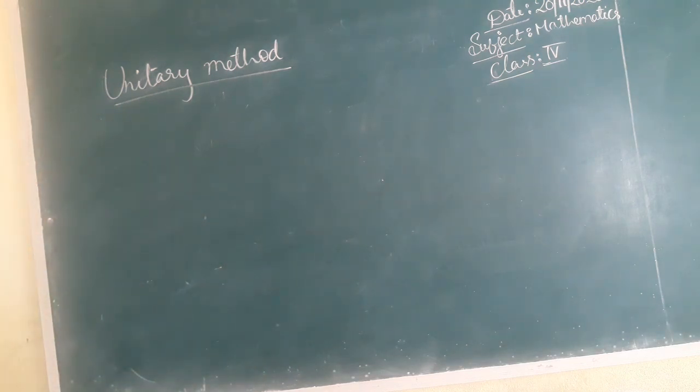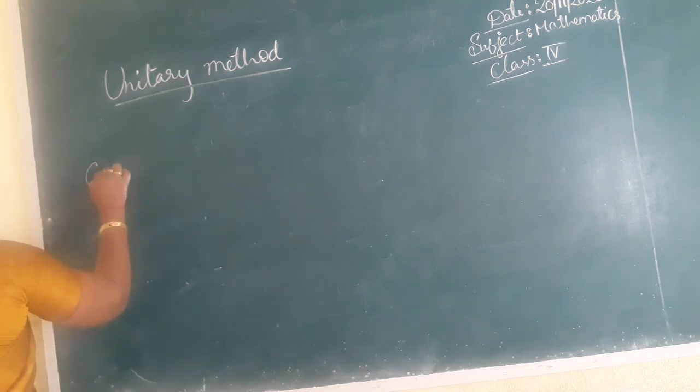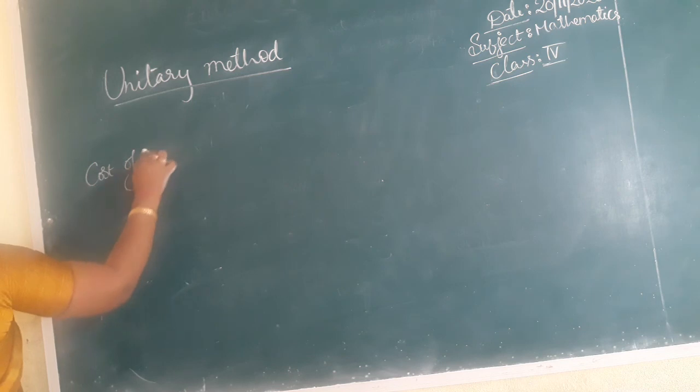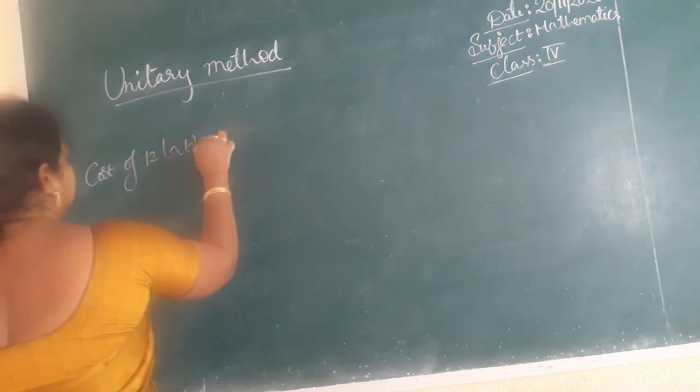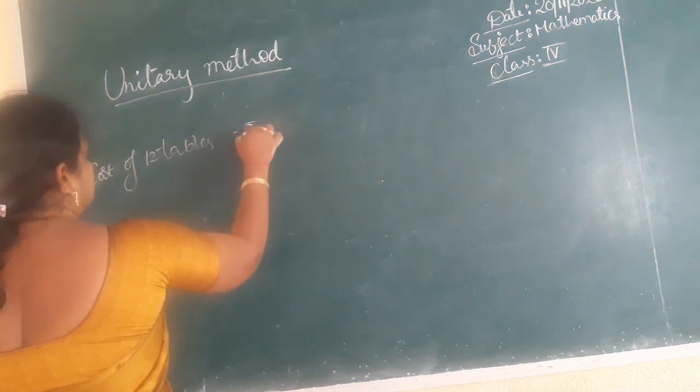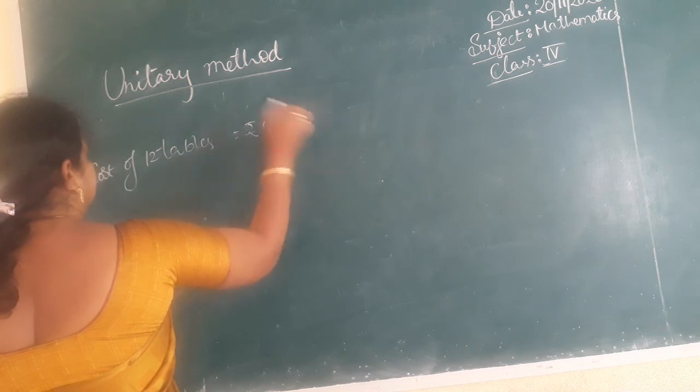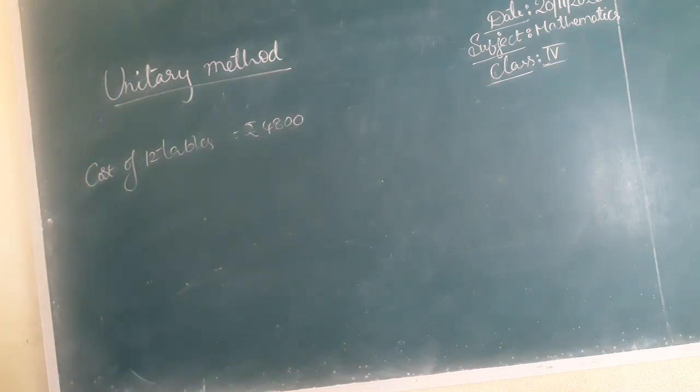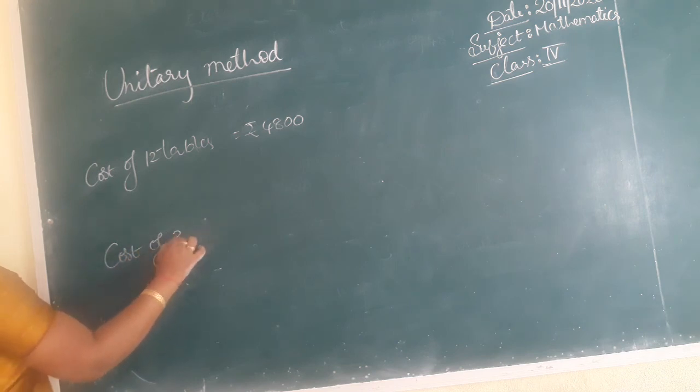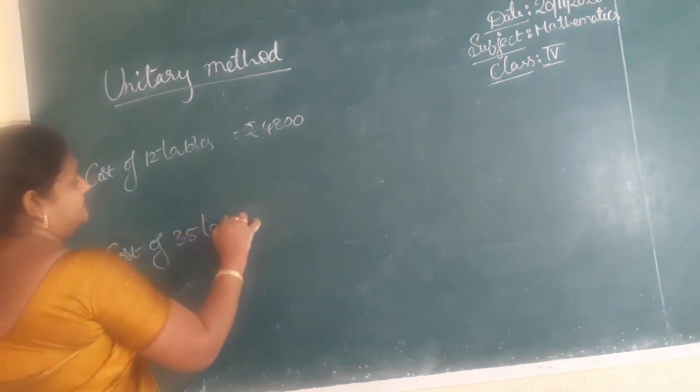Next one. The cost of 12 tables was 4,800 rupees. They are asking us to find the cost of 35 tables.